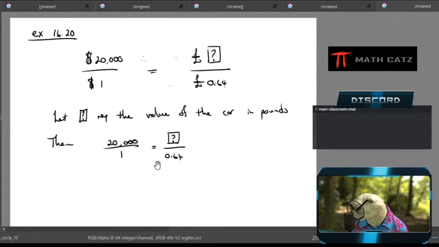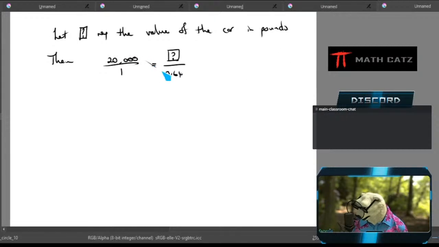Solving this tells me how I need to combine the numbers in question. Now it's 1 times question mark, so I don't even need to write a 1 there, right? There's only one question mark. And the others are 20,000 times 0.64. And that then gives me my answer.